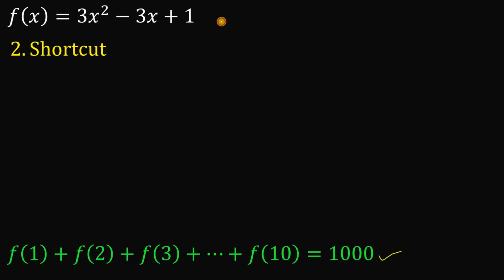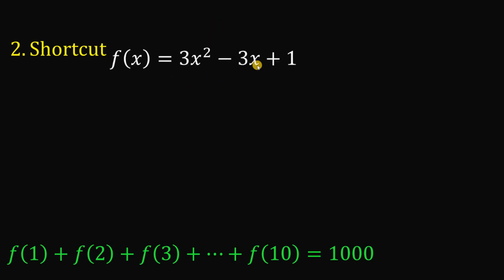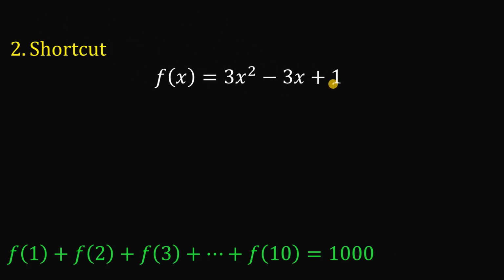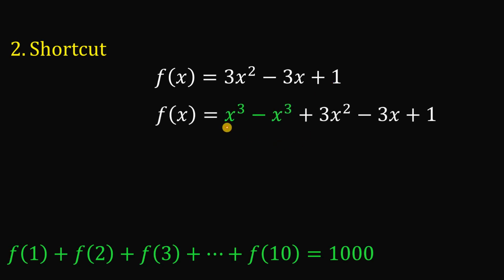And now, using the shortcut, let's take this function, f of x equals 3x squared minus 3x plus 1. Now, the trick is we need to add 0 in the form of x cubed minus x cubed. This is just 0. So, technically, we don't add anything. But this is really important because notice this expression. What will happen if we factor out negative 1 from these four terms?